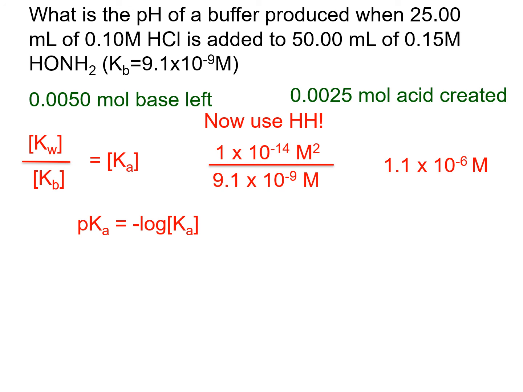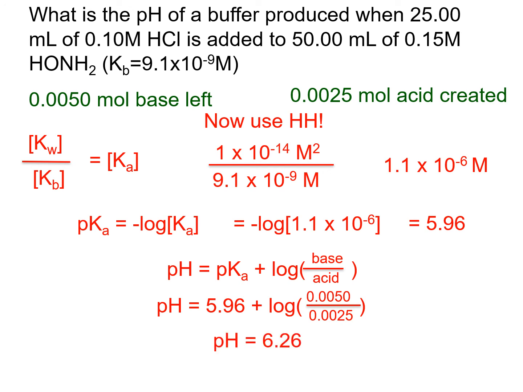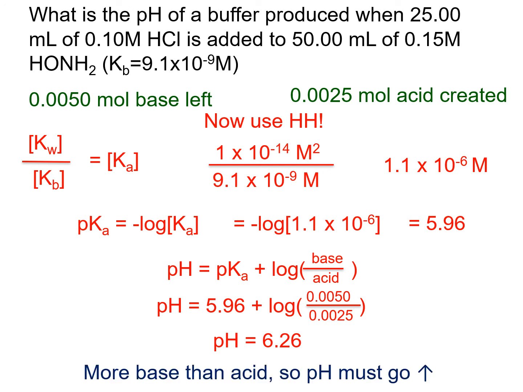Once I have Ka, I can then turn that into its pKa, and then I can use the traditional form of Henderson-Hasselbalch, putting in my pKa, my log of both my base and acid to get my new pH. I have more base than acid, so I'd expect the pH of this solution to go up.